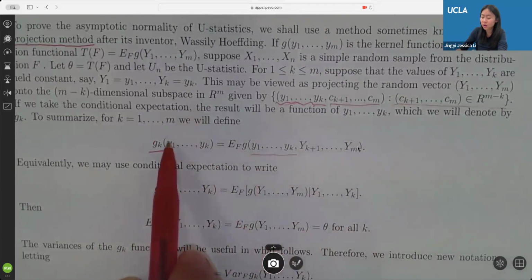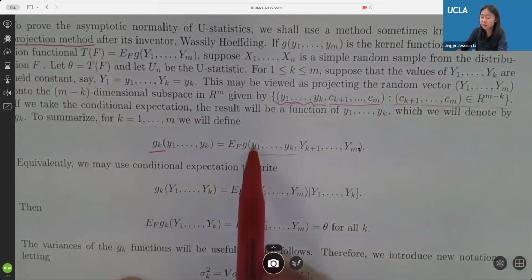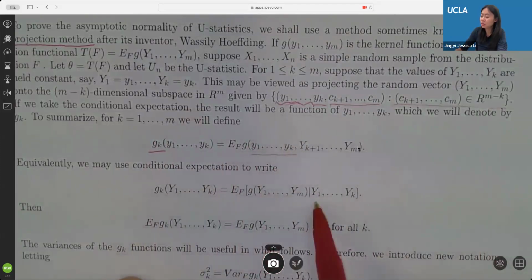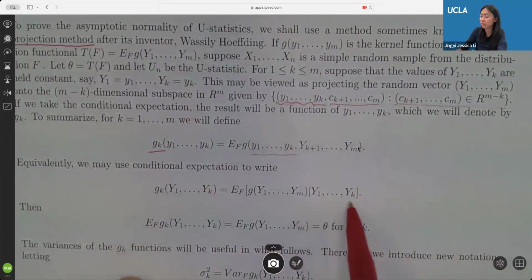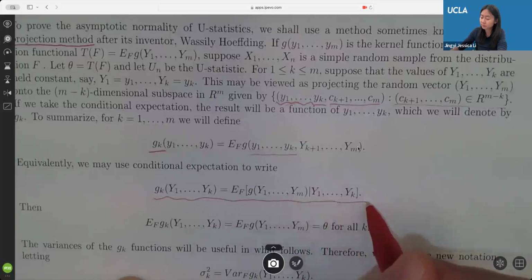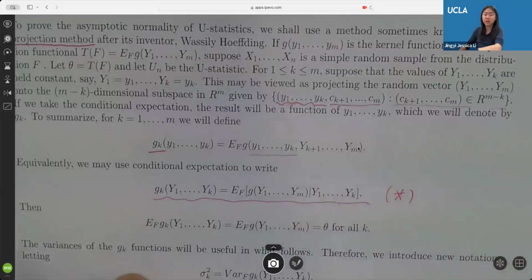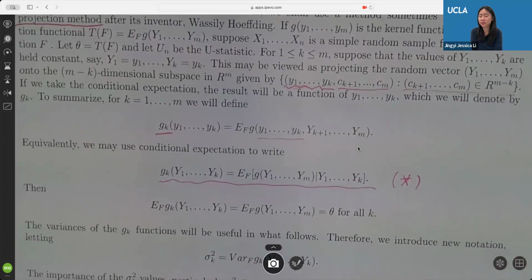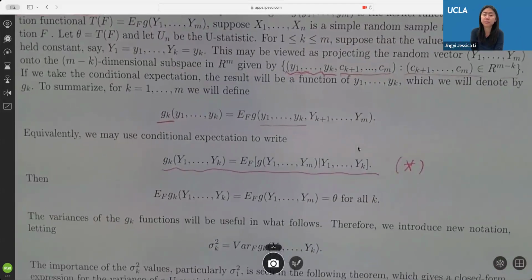So we randomize small y1 to big Y1, small yk to big Yk. So now these are back to random variables, but we don't take their expectations. That means conditional, right? Putting conditions on them, then they will come back here. So this is the key formula. What's the definition of g_k? The g_k function is for the first k dimensions. That means when we take the expectation, we only take the latter m minus k dimensions of random variables, and we are conditional on the first k random variables.